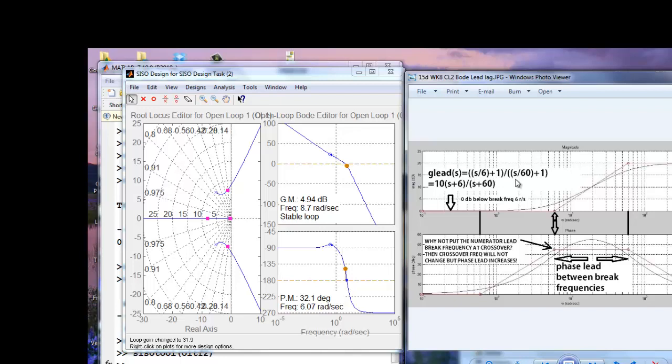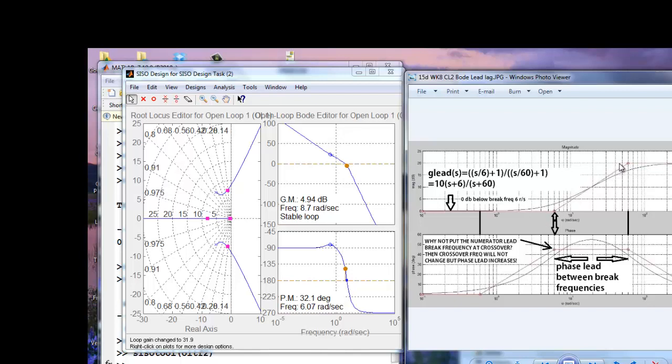In the denominator, we have S over 60 plus 1, and that's meant to take out this gain that's going up. And so at 60, the downgoing minus 20 dB will be added to the upgoing plus 20 dB, and it'll be flat again.